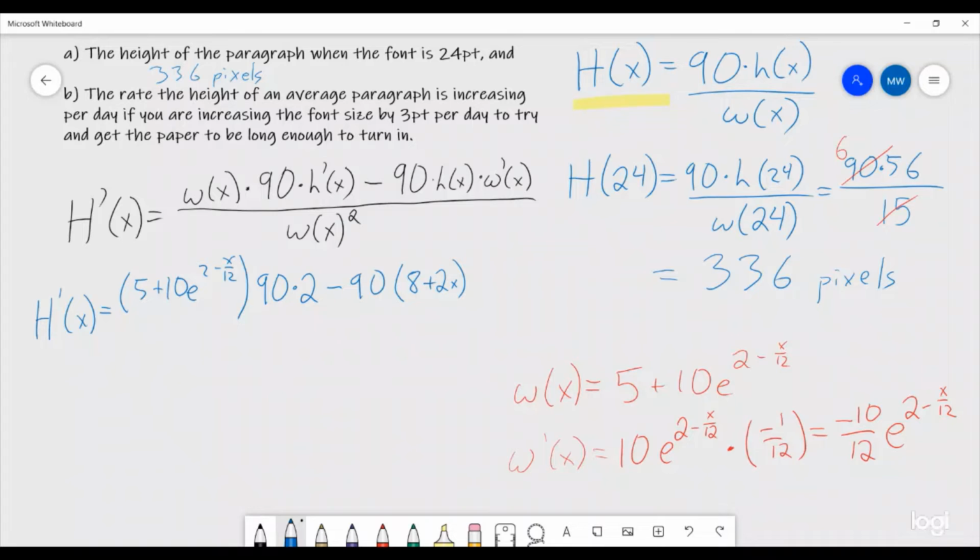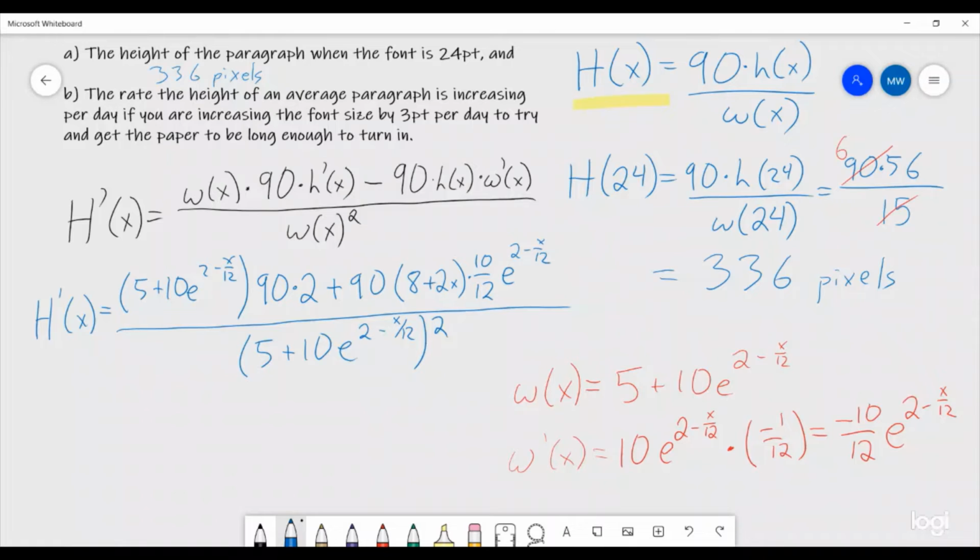So negative 10 over 12, so that's a plus, times 10 over 12 e to the (2 minus x) over 12, all over w of x squared, all over 5 plus 10 e to the (2 minus x) over 12, squared. Now, we don't need to simplify this, we just need to know what is this when x is 24. Because that is what we are increasing at a specific time.